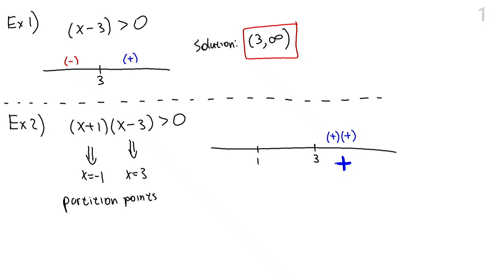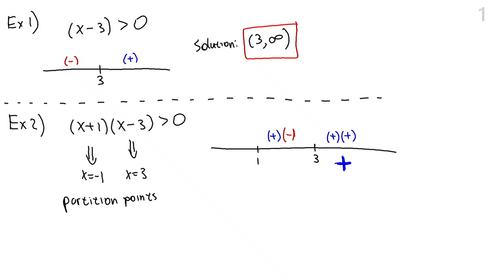Now let's look at what happens when we pick a number between 1 and 3. We can pick a test point, let's say 2. If we plug in 2, we're going to get 2 plus 1, that's positive, times 2 minus 3, that's negative 1. We're going to get a positive number times a negative number.